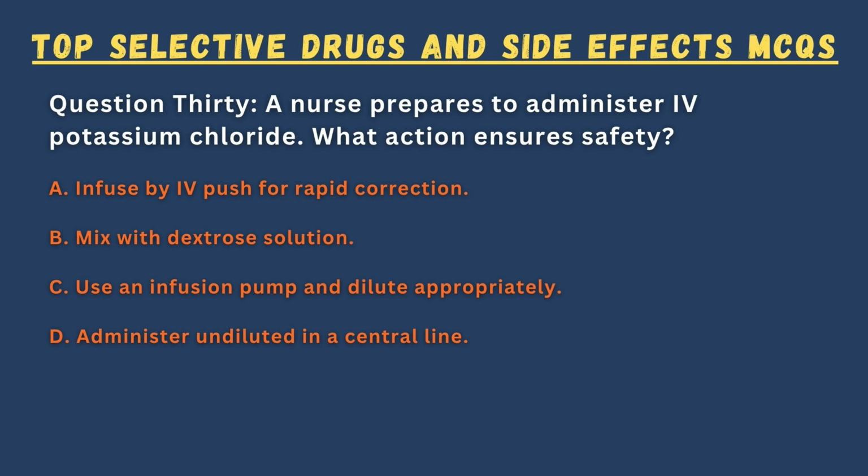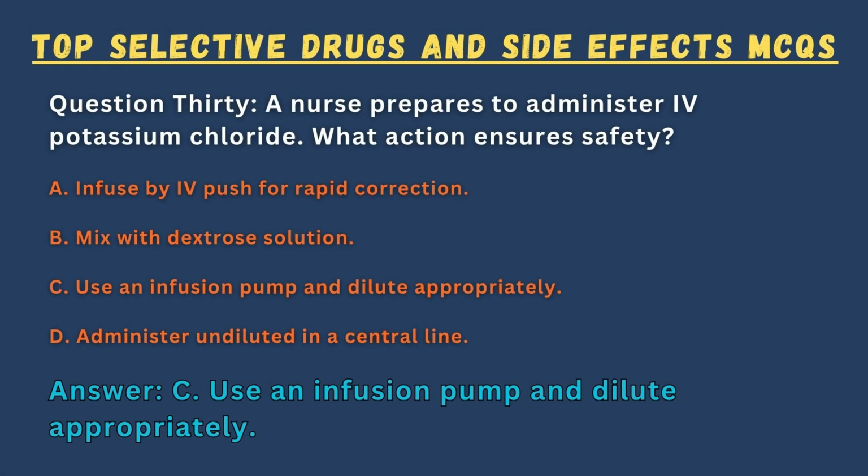What action ensures safety? A. Infuse by IV push for rapid correction. B. Mix with dextrose solution. C. Use an infusion pump and dilute appropriately. D. Administer undiluted in a central line. Answer: C. Use an infusion pump and dilute appropriately.